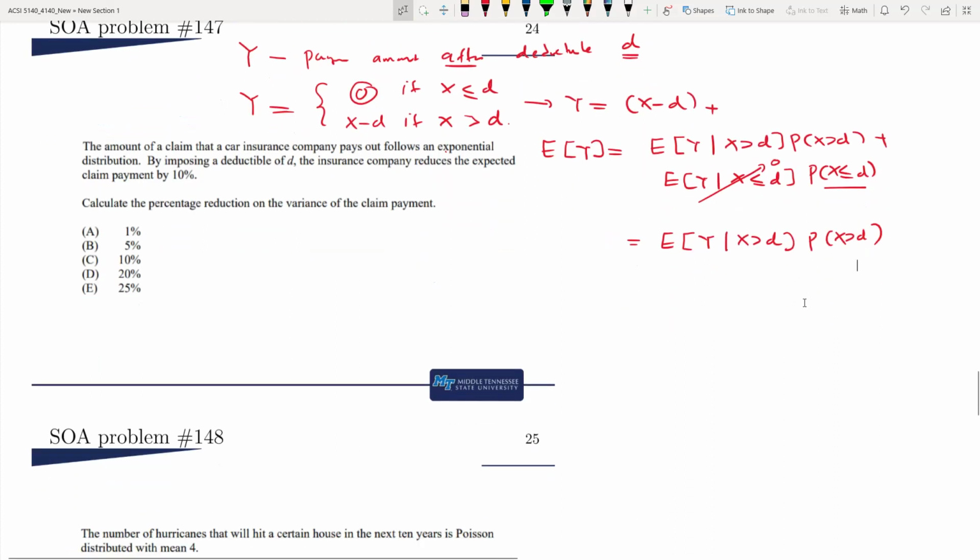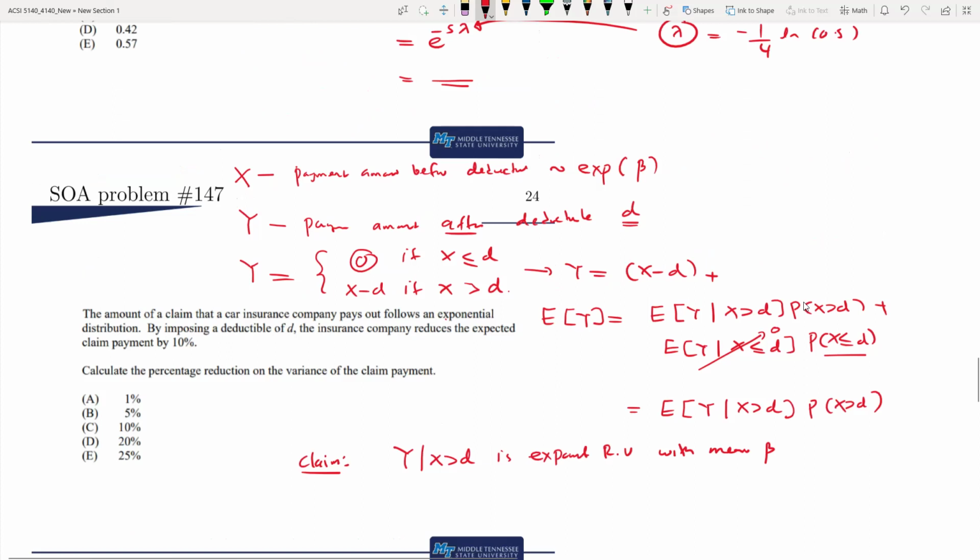So the question is how Y is going to behave. The claim is that Y given X more than d is actually exponential, with mean beta.